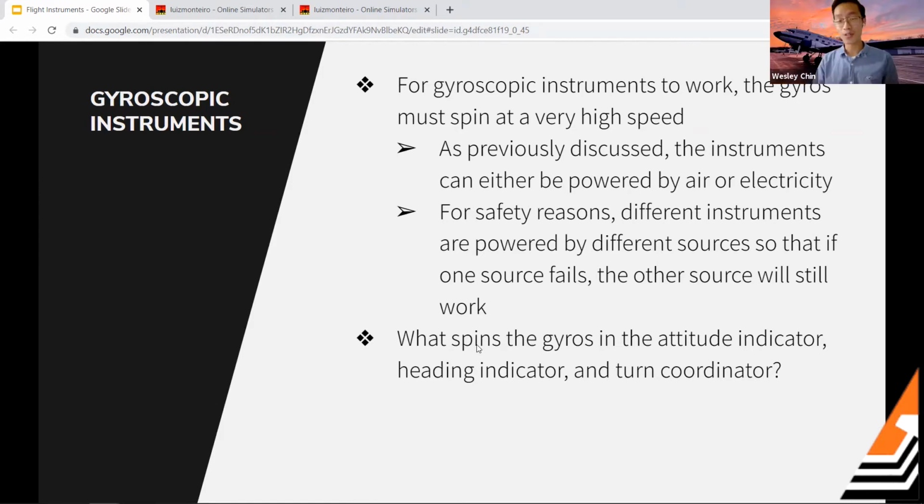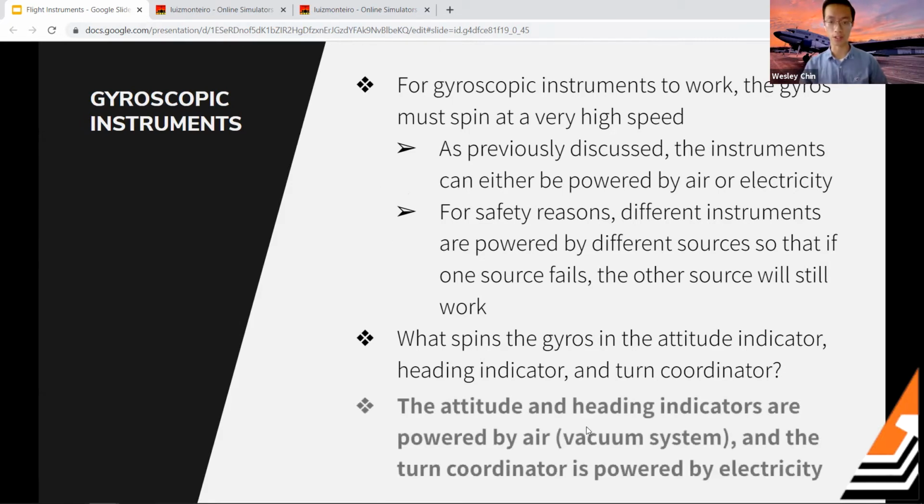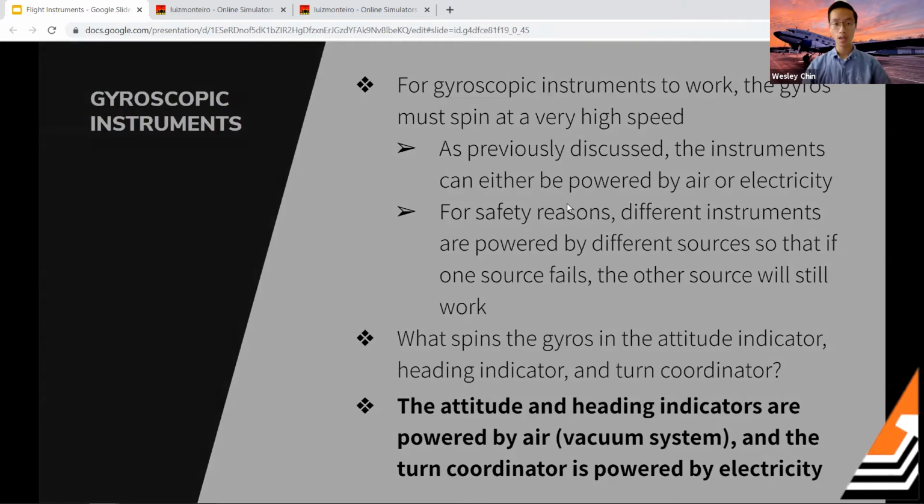All right, so at least in our airplane, the 172, the attitude and heading indicator are going to be powered by the vacuum system, and our turn coordinator is going to be powered by the electrical system. Some turn coordinators will say DC on the face of the instrument to tell you that it's electrical. But again, it could be different. So that's at least what we have for our airplane. So attitude and heading indicator is the vacuum system, and then turn coordinator is powered by the electrical system.